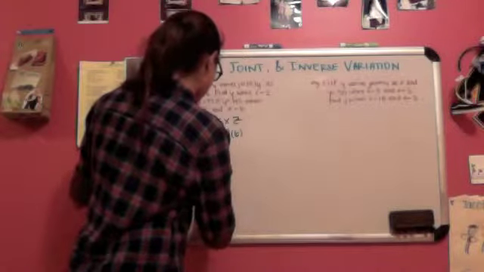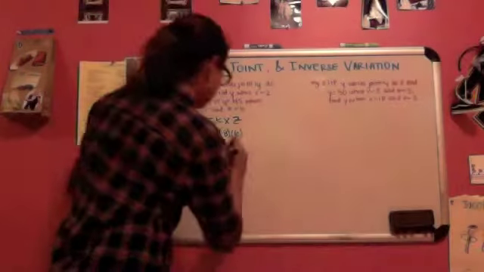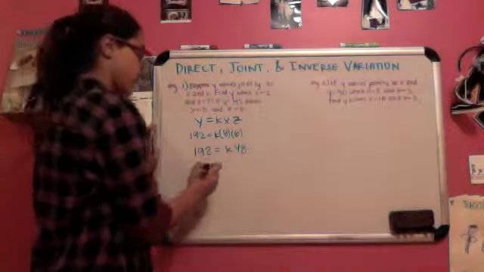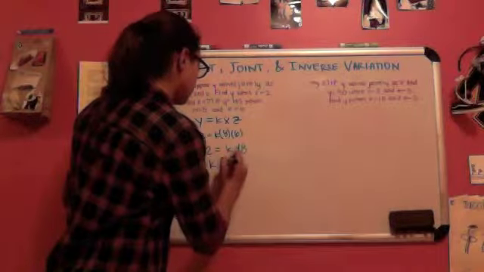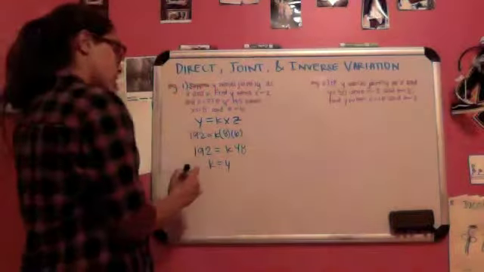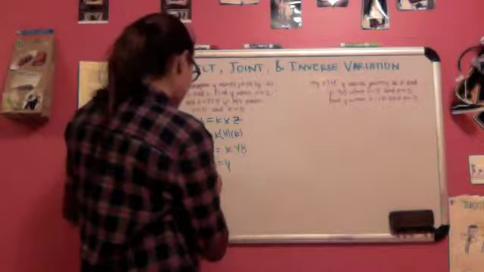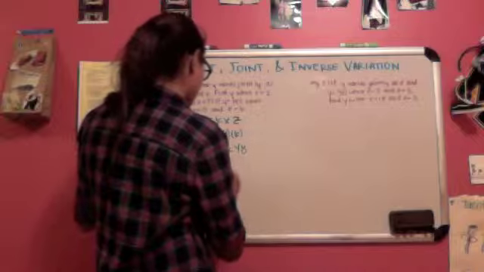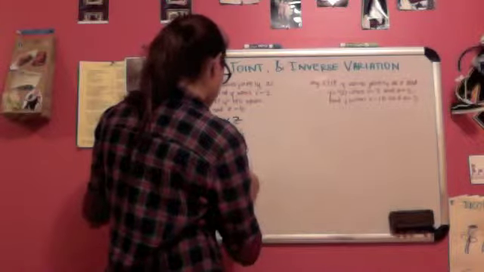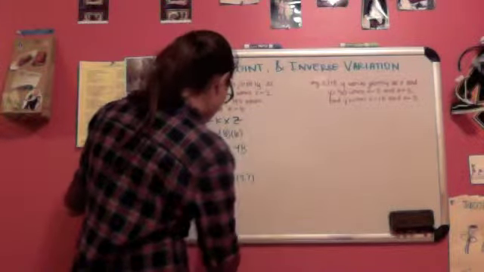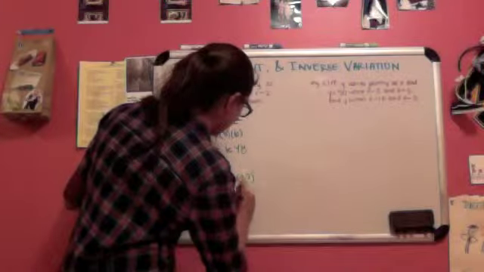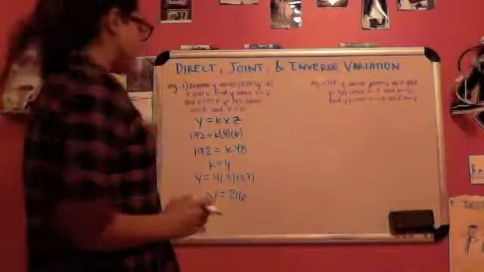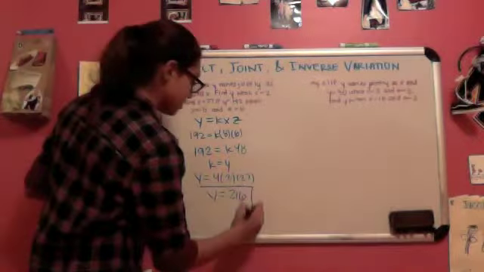We multiply the x and z, and that's 48. If we divide 192 by 48, k equals 4. We use the 4 to solve for the unknown, so y equals 4 times 2 times 27, and that gives you a product of 216. And that would be your answer for the first question.